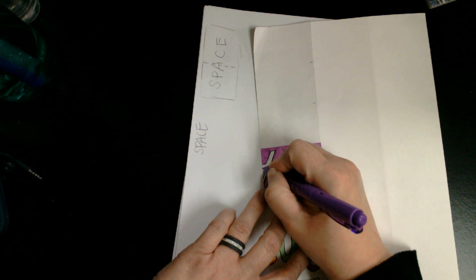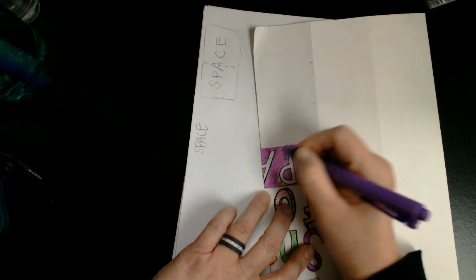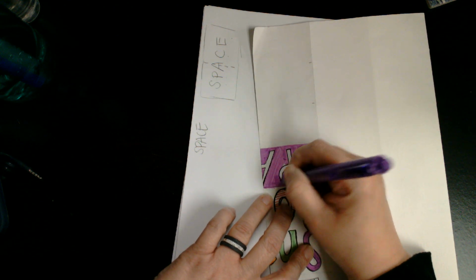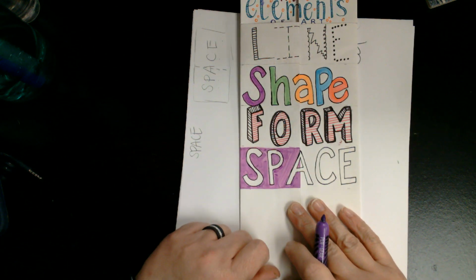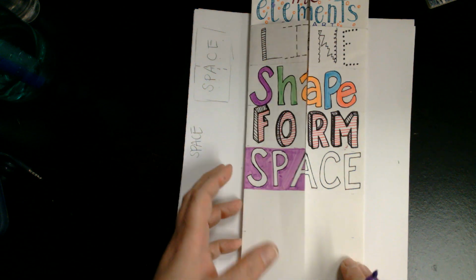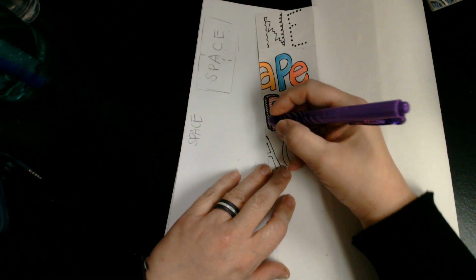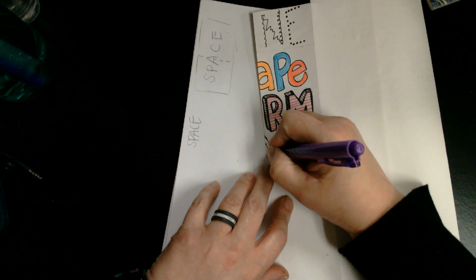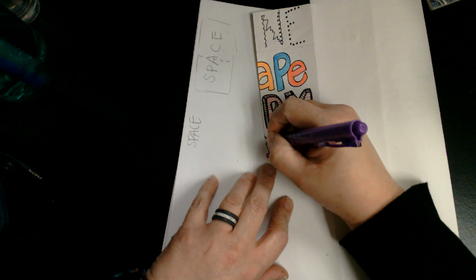Don't forget the A inside there. We'll get you. Okay, so I've got the background colored in there. Now on this side of the center, I'm going to color in just the letters.